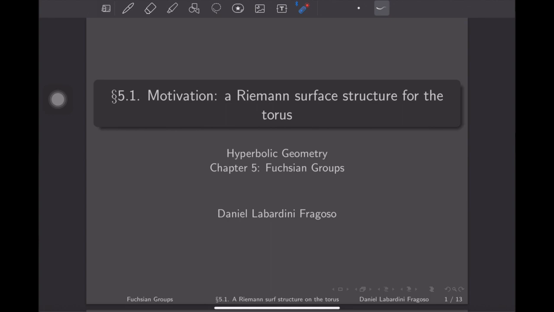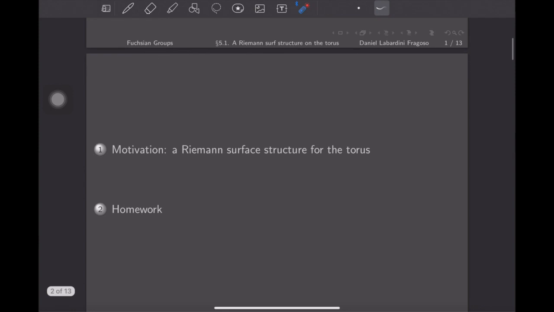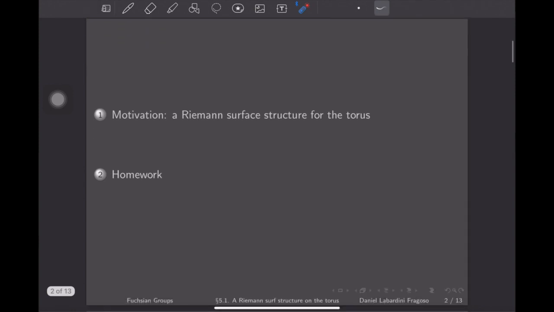Now, Fuchsian groups are going to be defined to be the subgroups of PSL2R that satisfy a certain property, and I would like to arrive at that property naturally, and that is why I'm going to start with a motivation, which provides a Riemann surface structure for the torus, and then we are going to arrive at a certain property, and later on we are going to ask ourselves about the subgroups of PSL2R that have such a property.